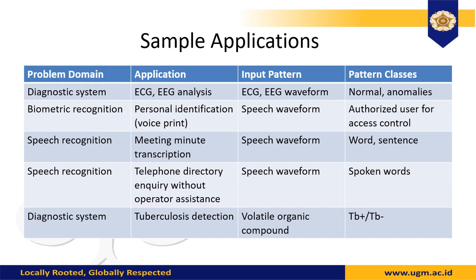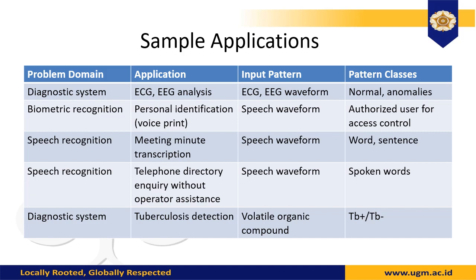And then the second example is the EEG, electroencephalogram, analysis. It is a signal that describes our brain's activities.